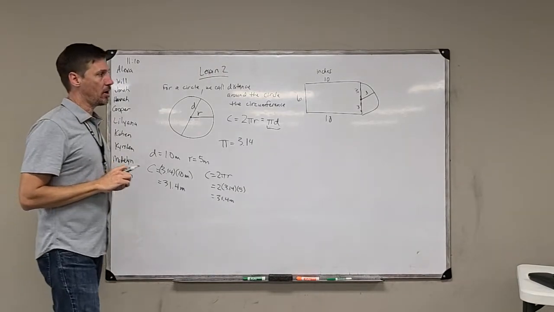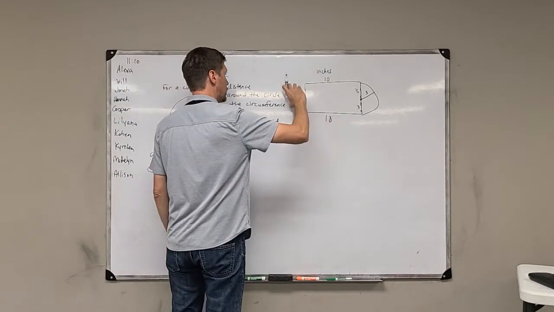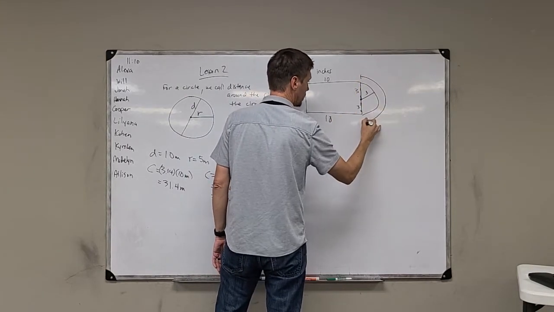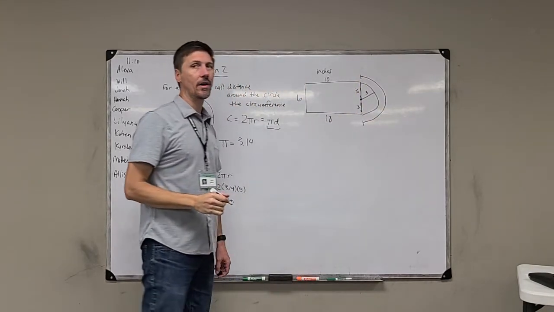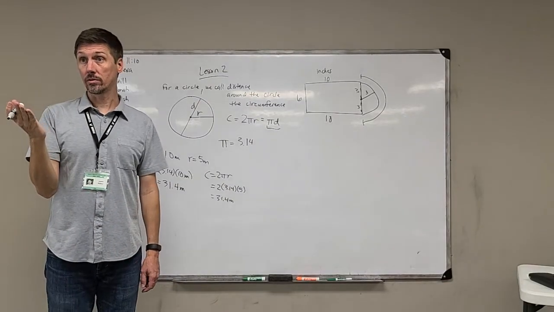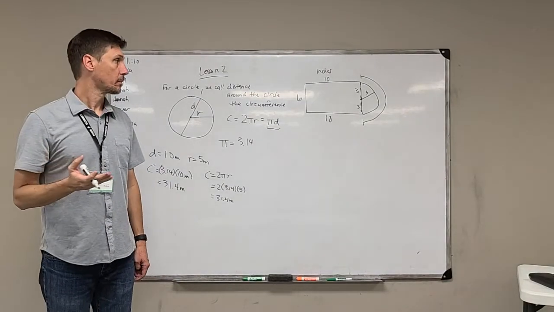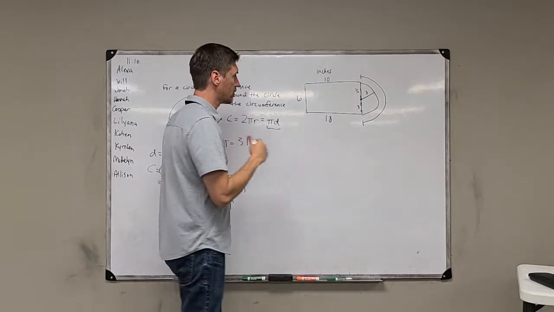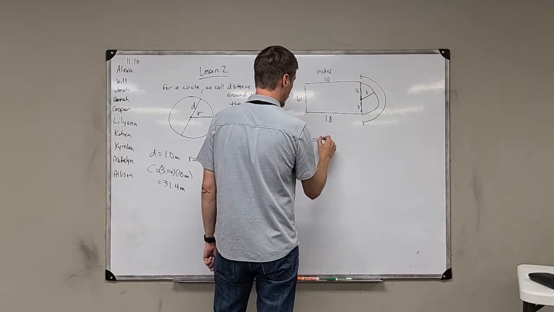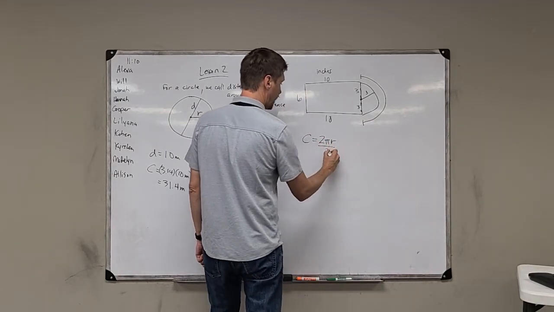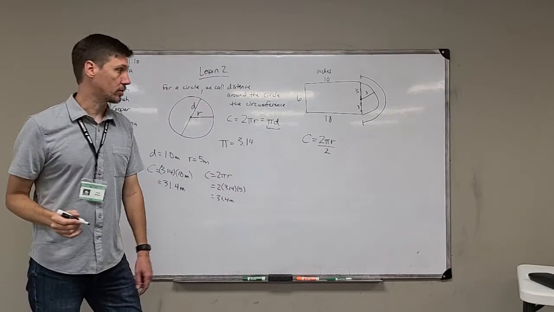So that'll give me part of my perimeter. I can say 10 plus 6 plus 10, but then I have to also add to it this distance right here. How do I figure out that distance? Well, you guys have already said that's half the circle. Yeah. Right? You do circumference and divide it by 2. So I take the circumference and divide it by 2. So let's figure that up first, right? Circumference of a circle is 2 pi r. And I'm going to take that circumference and I'm going to divide it by 2, because I've only got half of a circle, right?